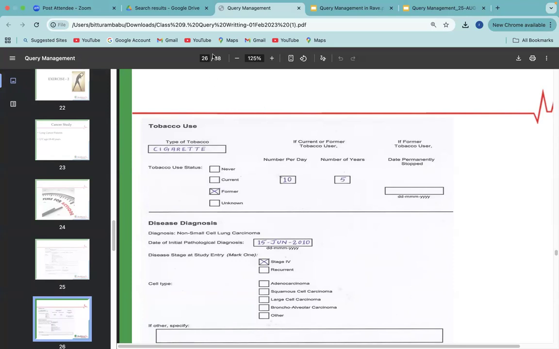Cell type. What happened? Cell type here. I didn't get it, what is this? Yeah, cell type they missed. Very good. Okay, anything else?